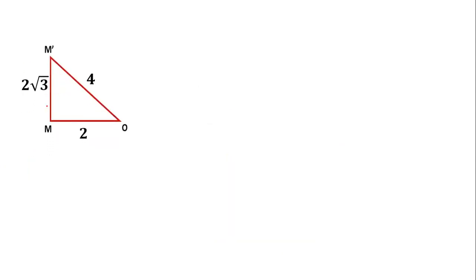How to show that the triangle is right? I simply square all the sides. 4 squared gives 16. 2 squared gives 4. 2 radical 3 squared gives 12.